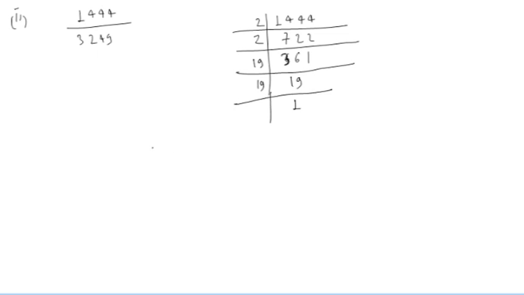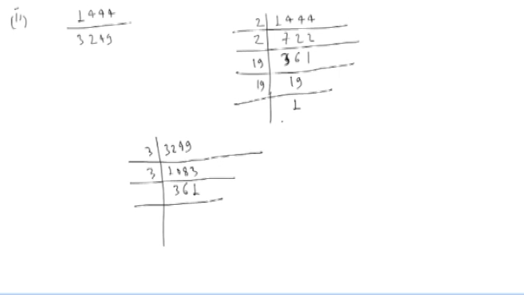And now the prime factors of 3249. It is a bit of a lengthy process, but solve this. 3 3s are 9, 3 6s are 18, and 3 1s are 3. 361. So again it is a square of 19.